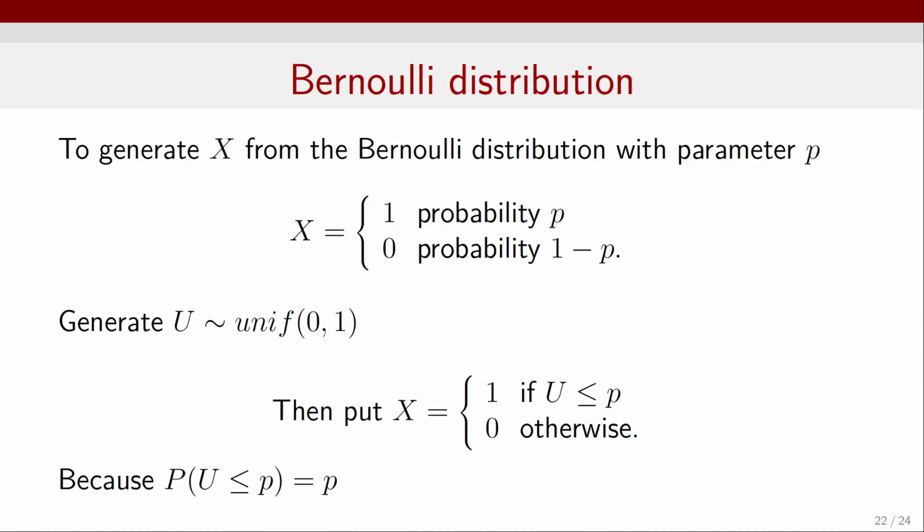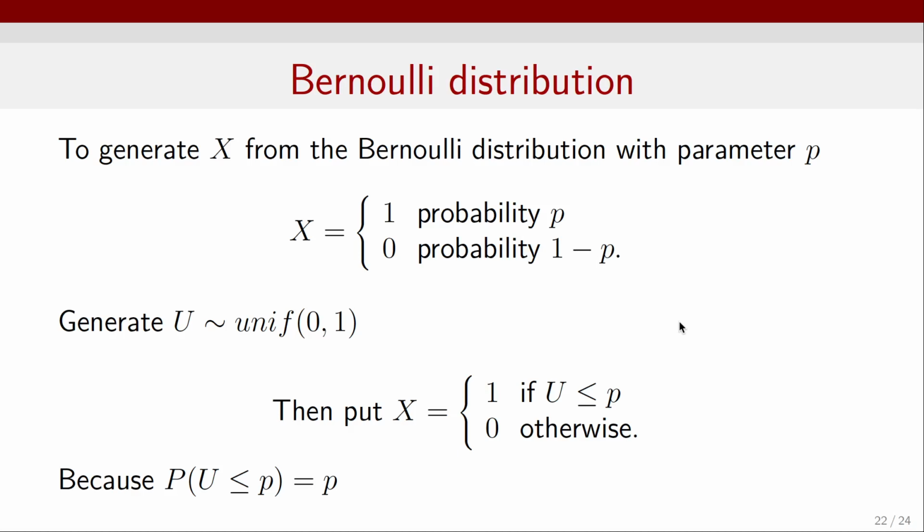Now let's suppose I want to study the Bernoulli distribution. The Bernoulli distribution with parameter p has a number x which is equal to 1 with probability p and 0 with probability 1 minus p. So that's the Bernoulli distribution. And I want to draw samples from it. I want to generate x that is distributed in this way, described here.